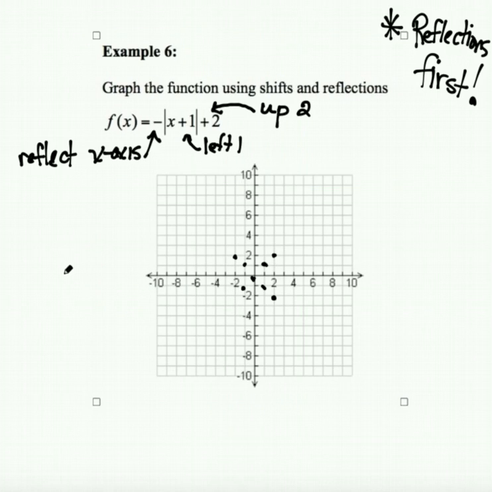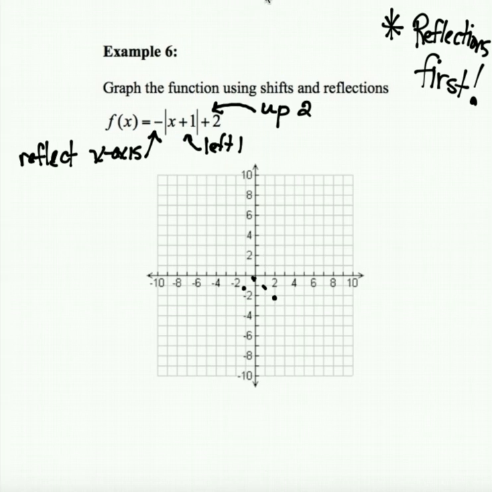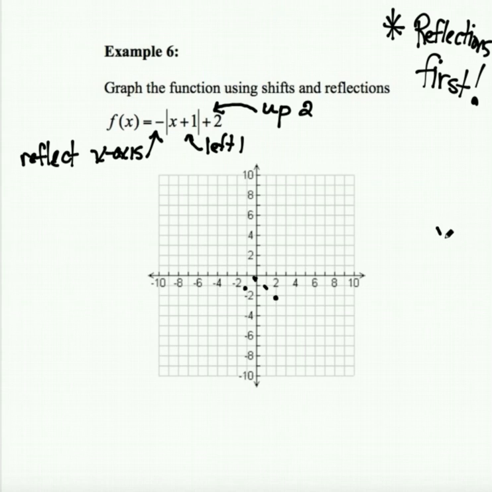Let's try this again. All right, no worries. So I'm going to erase what I had previously. All right, so I know right now I have this upside down V. I've reflected across the x-axis, so I have this upside down V.